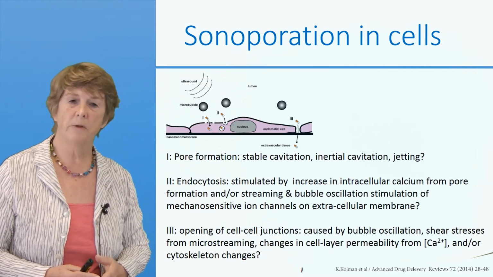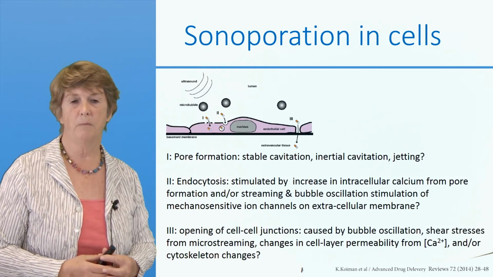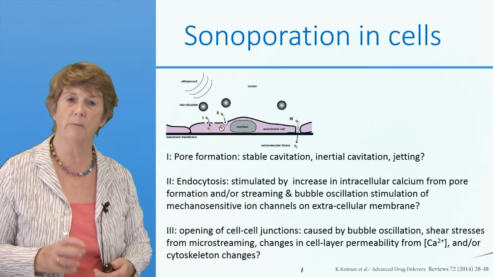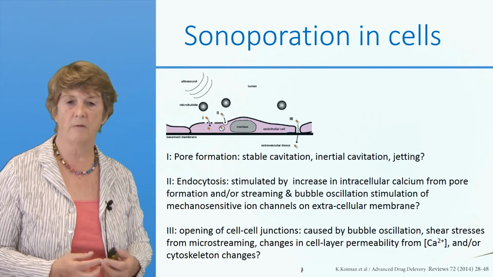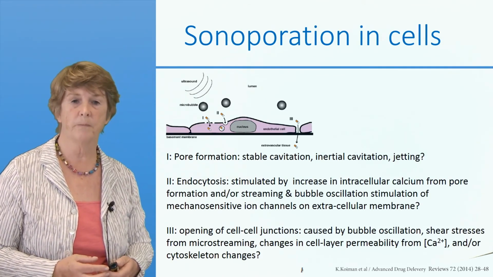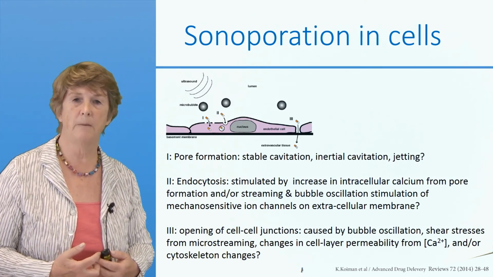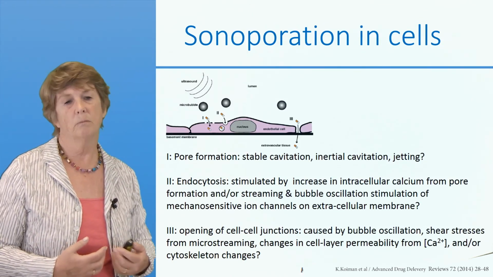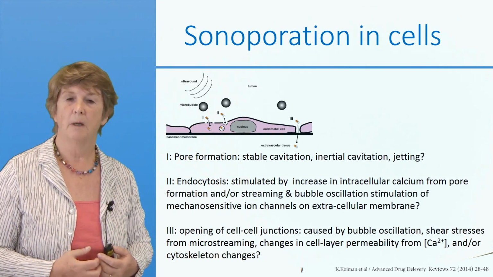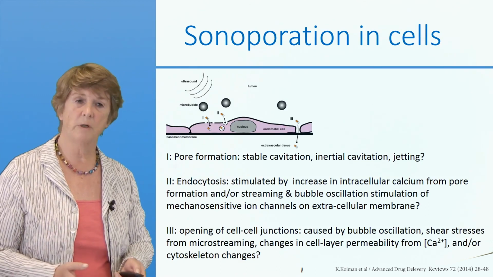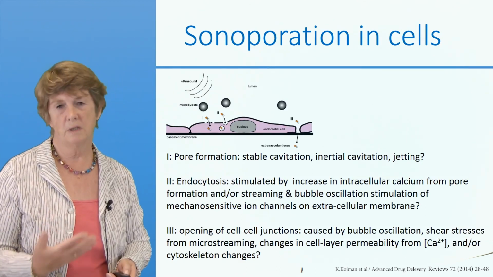We may be able to open the cell-to-cell junctions by using bubble oscillation or the shear stresses that are caused by the microstreaming of those bubbles as they vibrate on the membrane. And we get changes in cell layer permeability, certainly to calcium. Maybe there were cytoskeleton changes. A lot of this is still to be shown and to be proven, but this is the hypothesis.